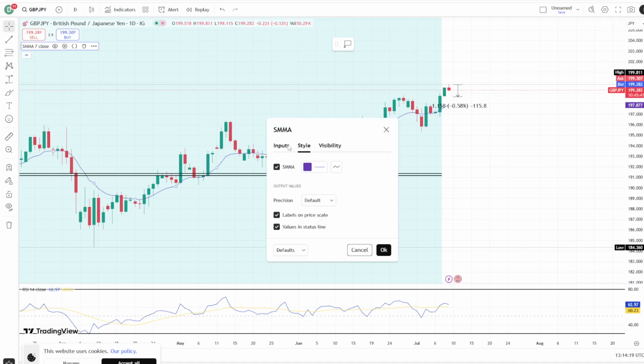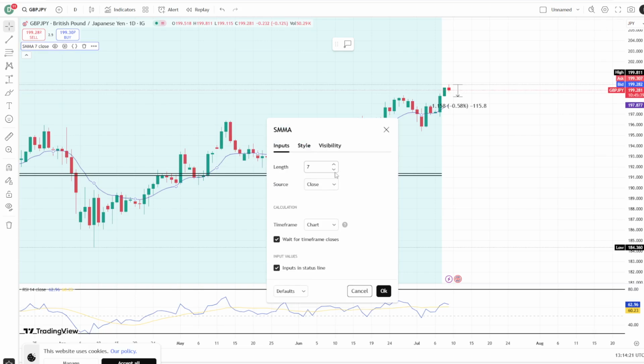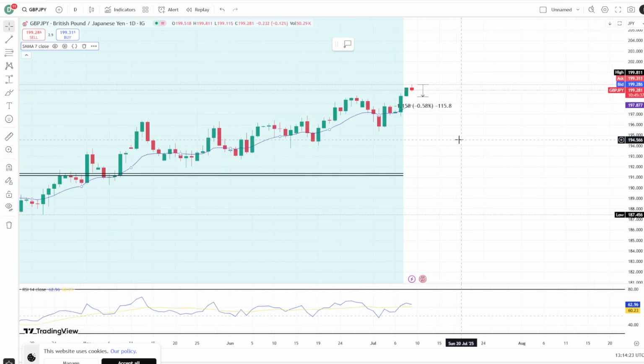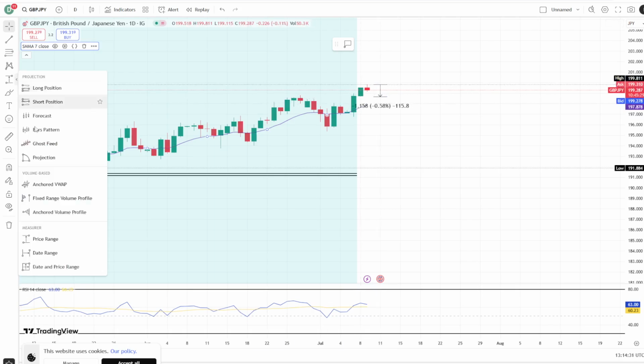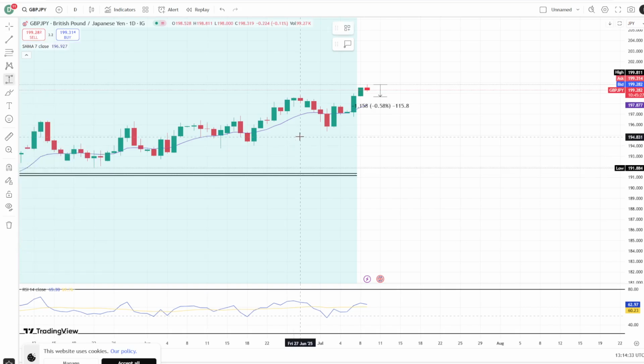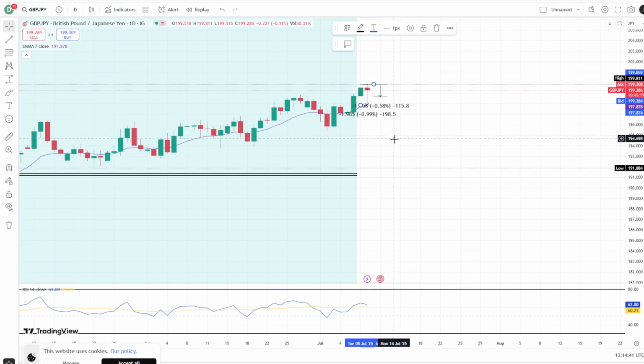Length, 7 periods, okay? The 7 period stops here, which is 1 full percentage point.